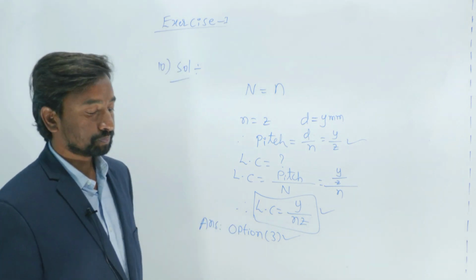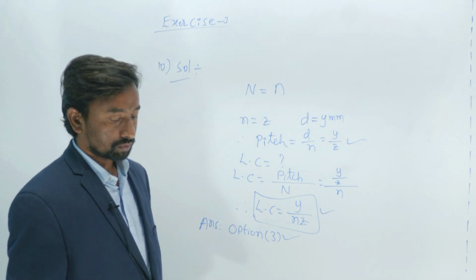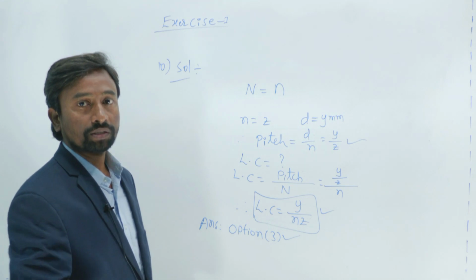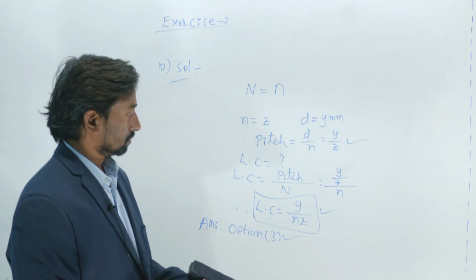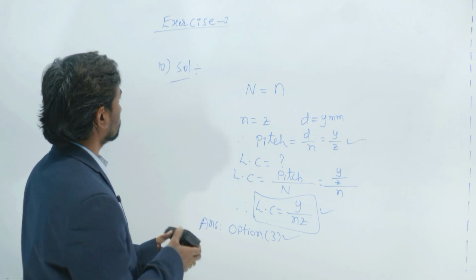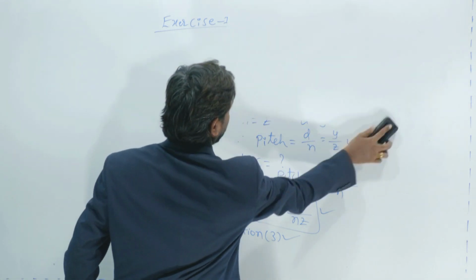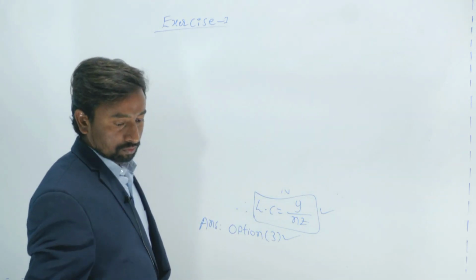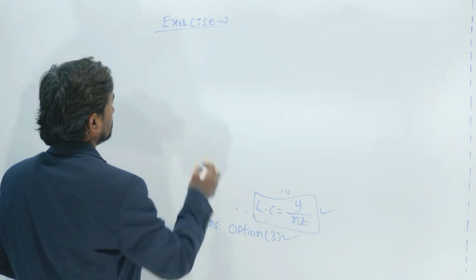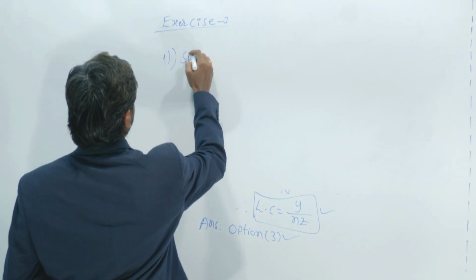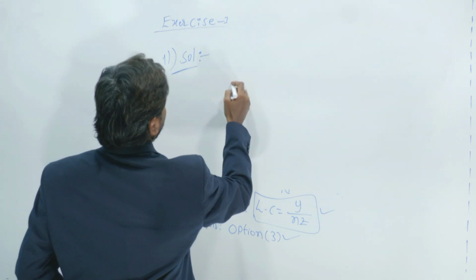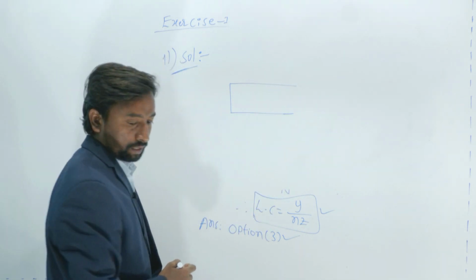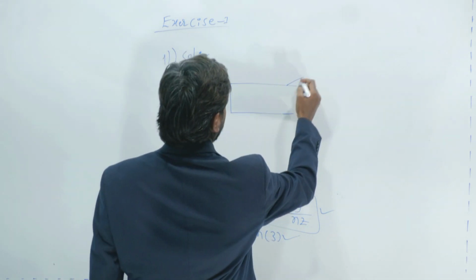Next, the 11th question. In the 11th question, a diagram is given, and from the diagram we have to calculate. There is a circular scale given, and here the head scale is given.